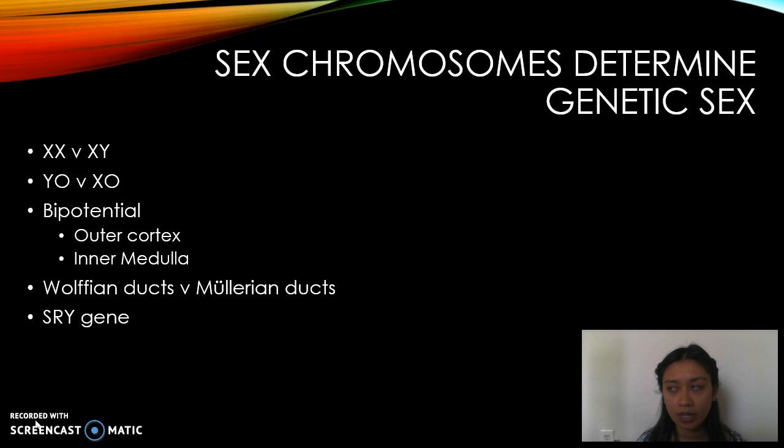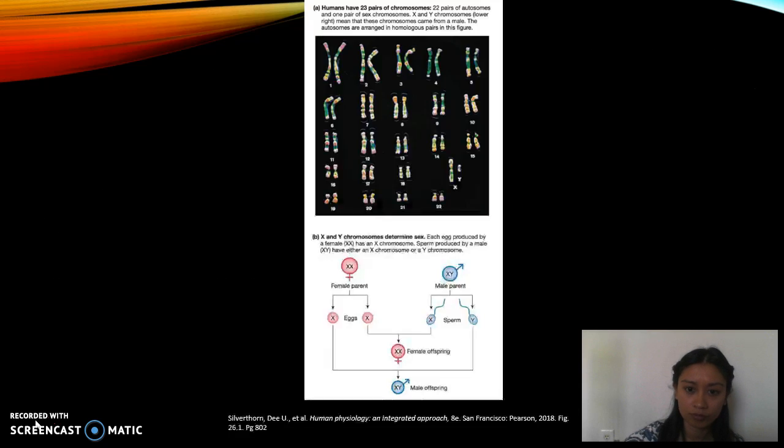If the SRY gene is present and active, the bipotential gonads will develop into testes. If the SRY gene is absent, then the gonads will instead develop into ovaries under the direction of female-specific genes.